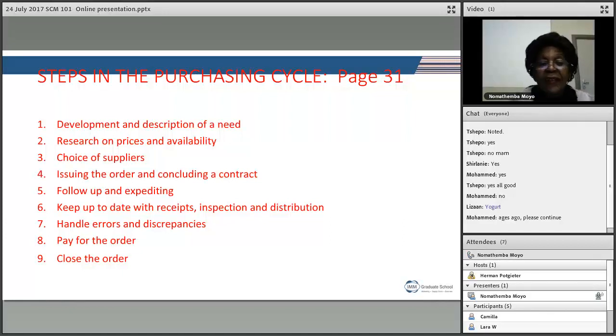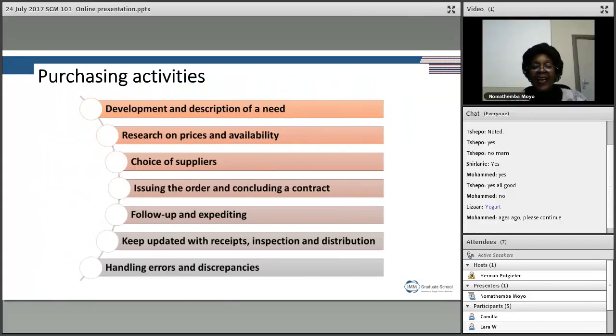Please read what follow up and expediting is. It's there in your books and in other books. You can't just reference one book. Keep up to date with receipts, inspection and distribution, handle errors and discrepancies, pay for the order and close the order.